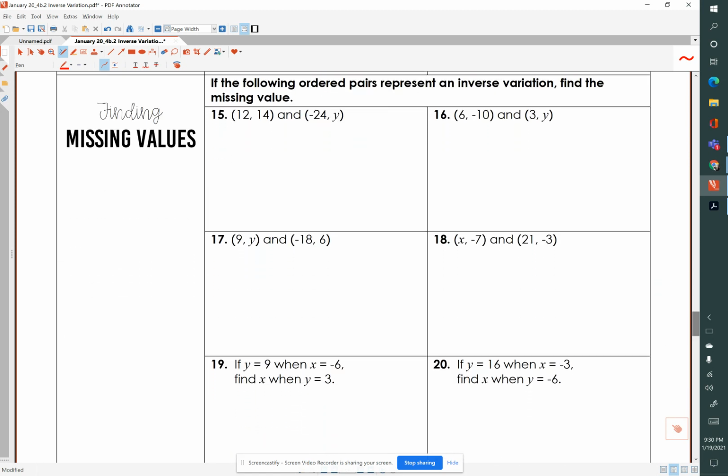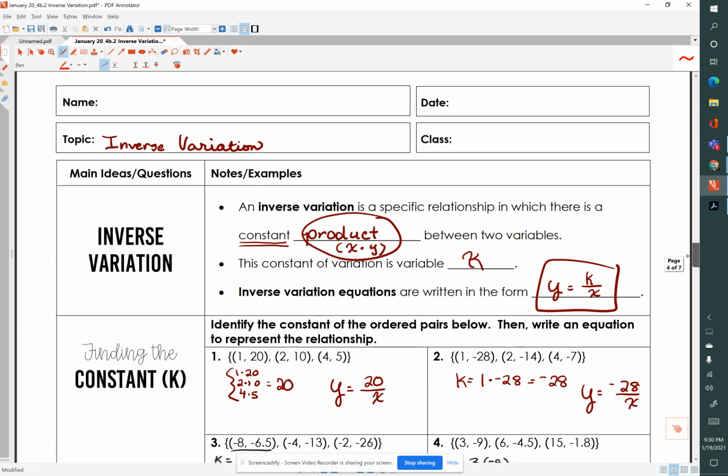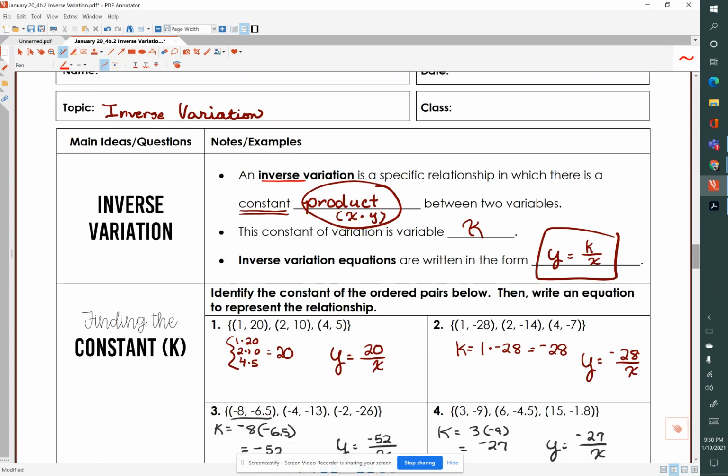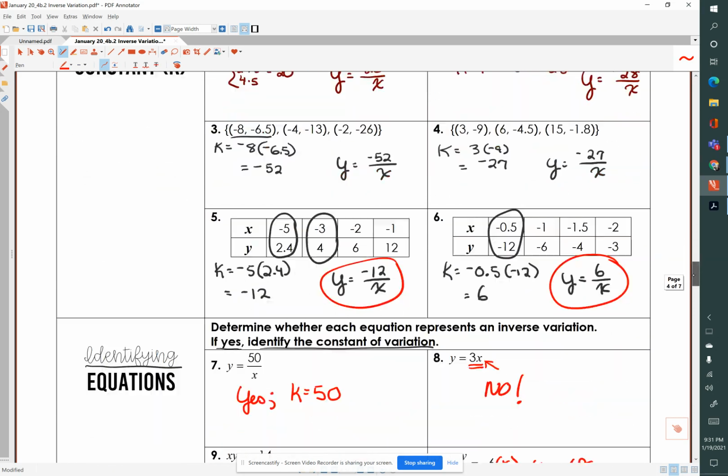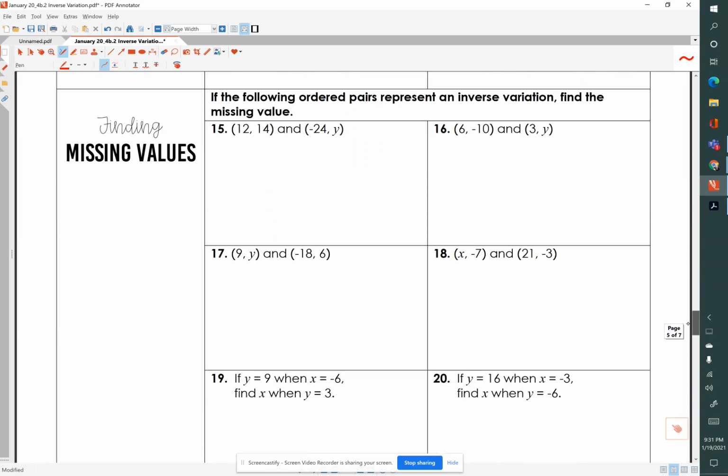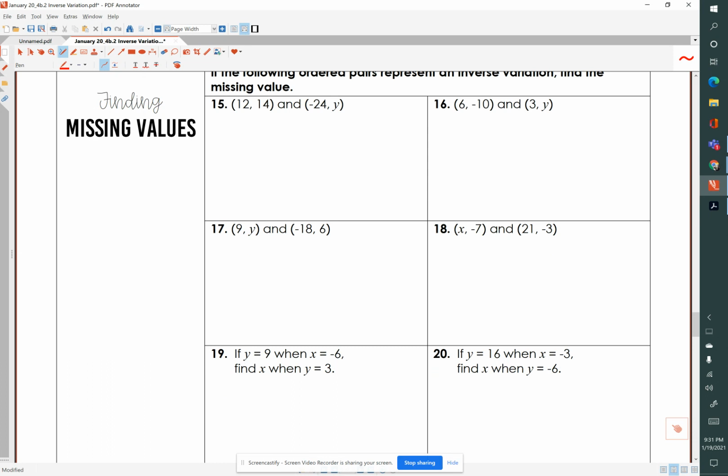So now we're going to find missing values, and we're going to use our old friend, the proportion, in a sense. Let's go back to the beginning: an inverse variation is a specific relationship in which there is a constant product between two variables. So we're looking to multiply the variables. We have in front of us 2 points, (12, 14) and (negative 24, y).